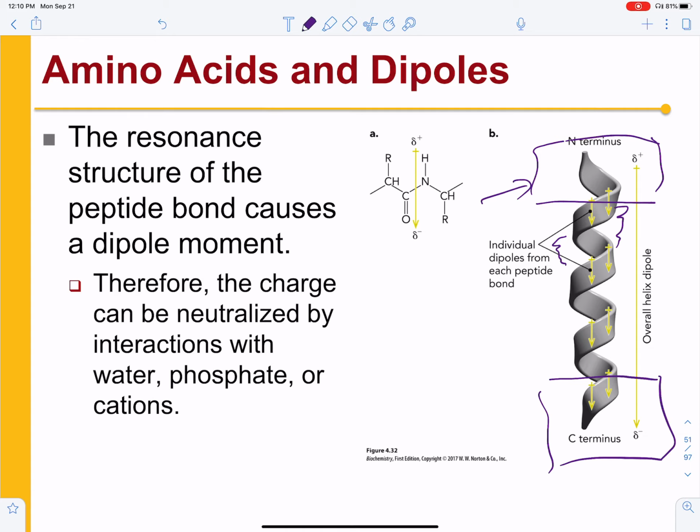One of the things you can do when building an alpha helix is put residues that stabilize the positive charge on the amino terminal end and residues that stabilize the negative charge on the carboxy terminal end. So what residues would those be? If you have a net positive on the amino terminal end, you'd want negatively charged residues to compensate on that same end.